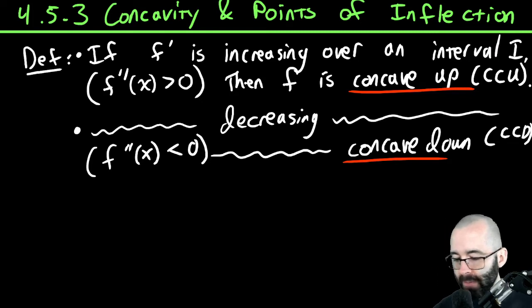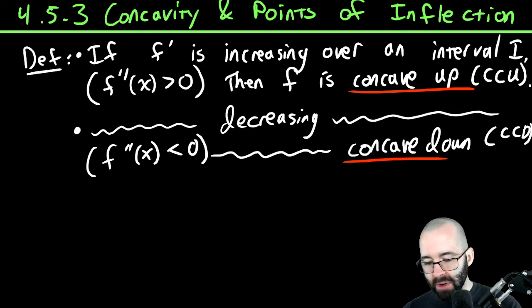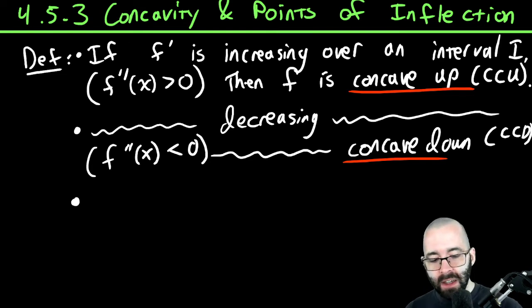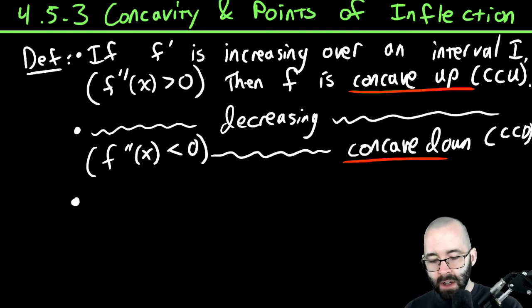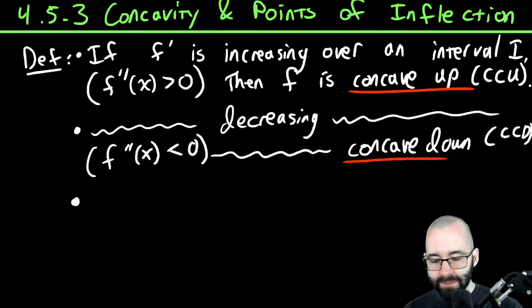One of the ways that we remember this, we do have a third part of this definition, but let's leave this third part blank for now. One of the ways to think about concavity is with parabolas. That's how I personally like to think about these. You can also think about them as little smiley faces or something. It's a memory trick, a rule of thumb.